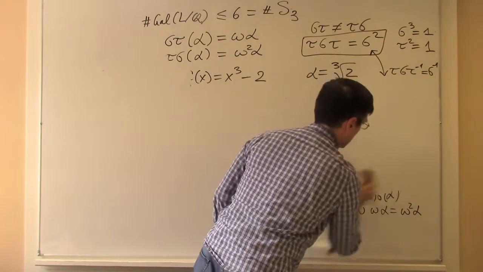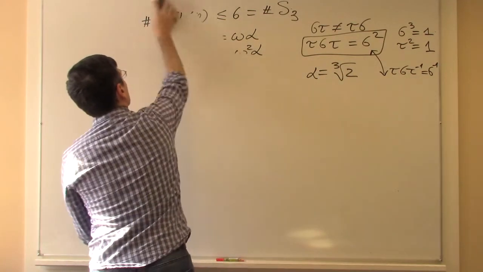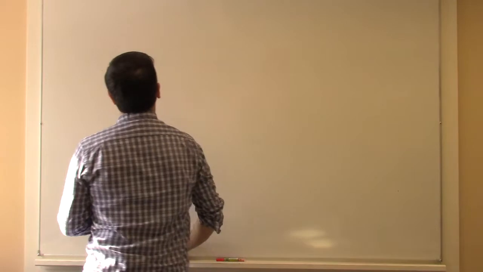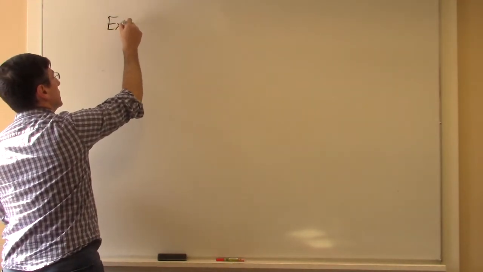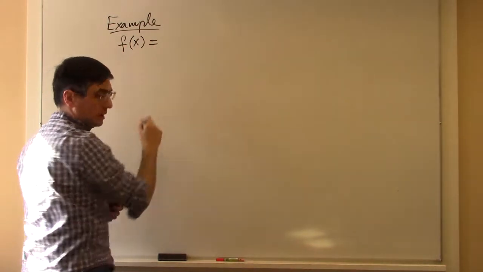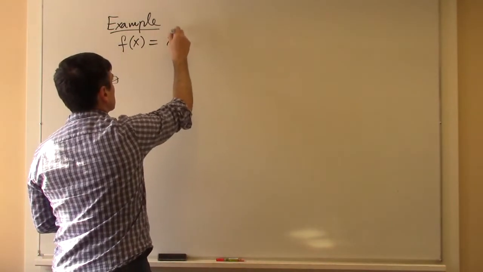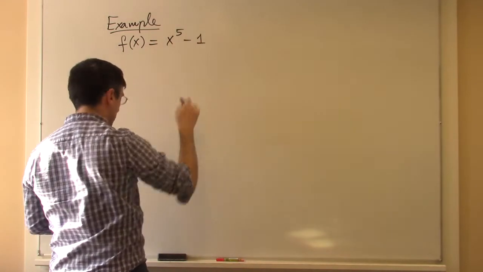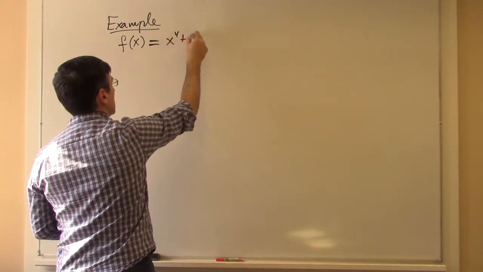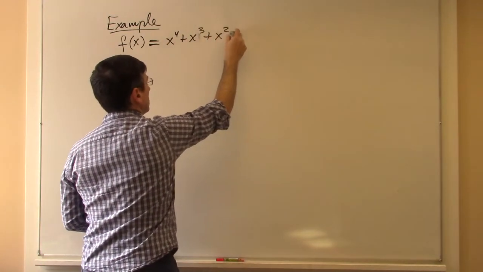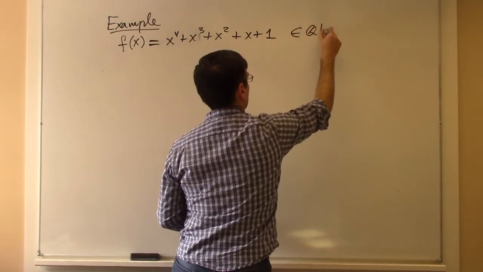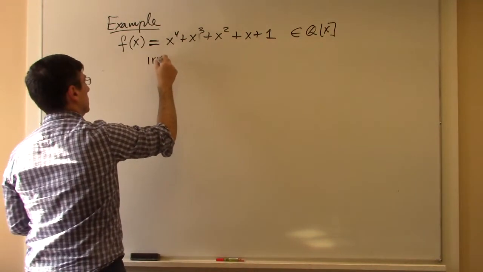Here's another example, which we already encountered. If I take f(x) to be x^5 minus 1, well, not this polynomial. If you want an irreducible polynomial, you should take the cyclotomic polynomial. Again, this is in Q[x], so this is irreducible.